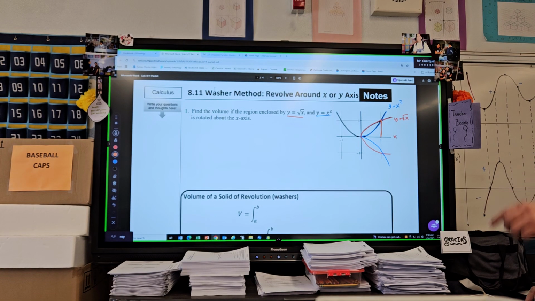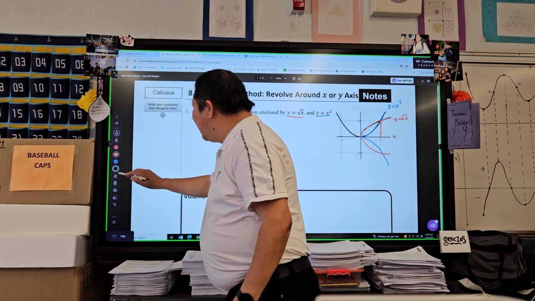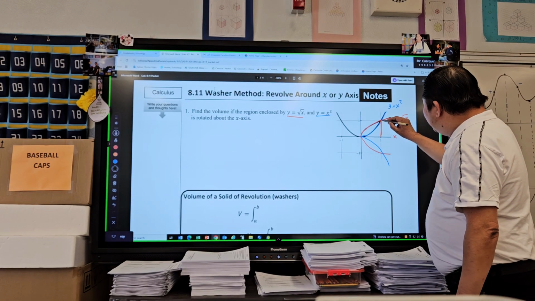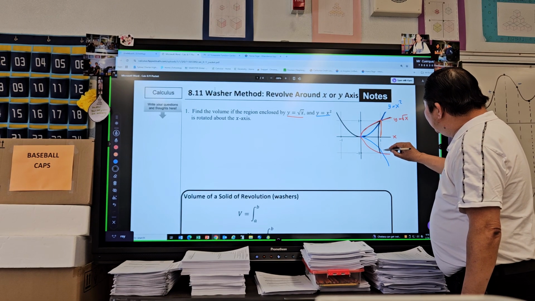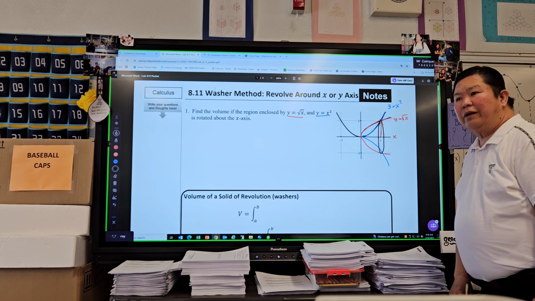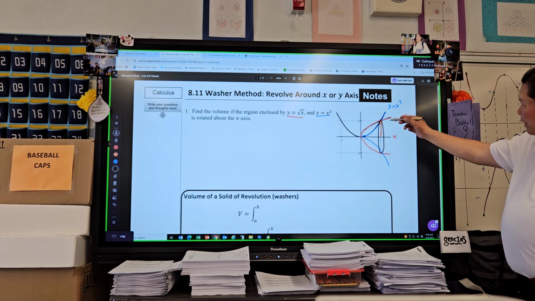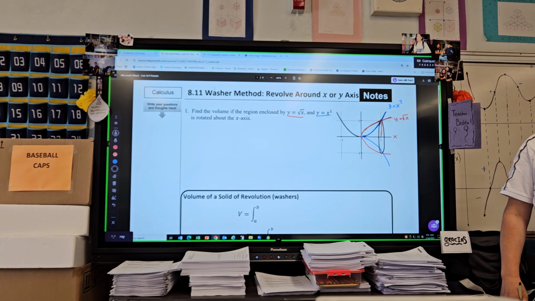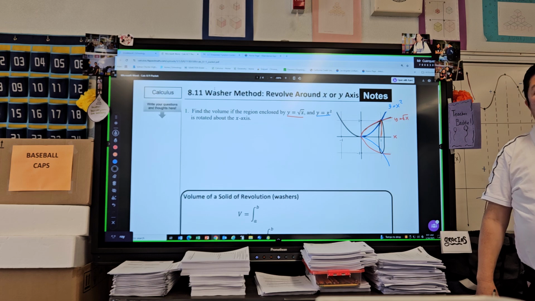If we're gonna do a circle, I'm gonna have this one. If we're gonna revolve, it looks like a circle right here, right? And the orange color is the radius of the red graph.